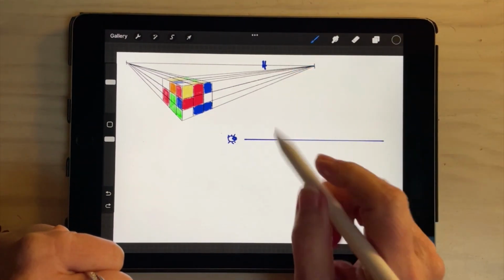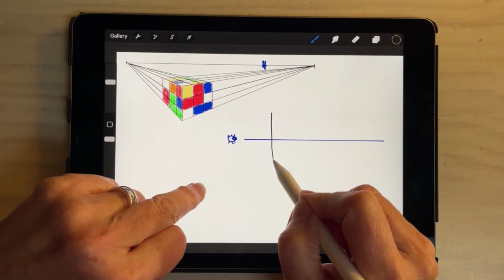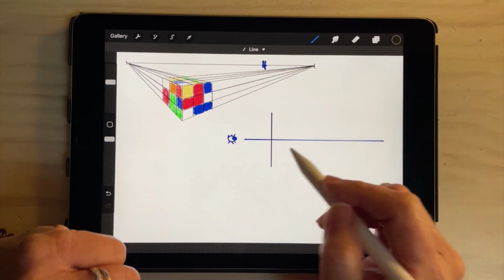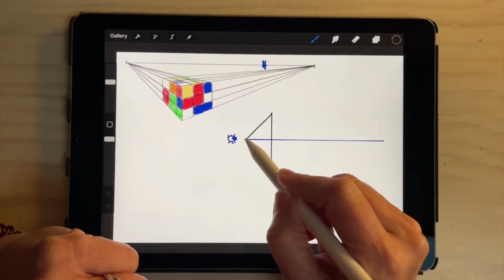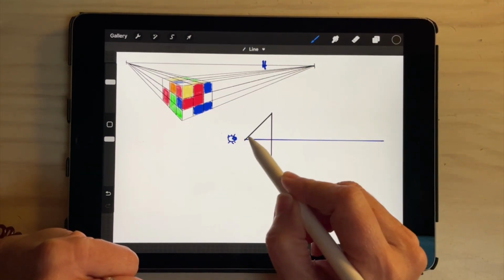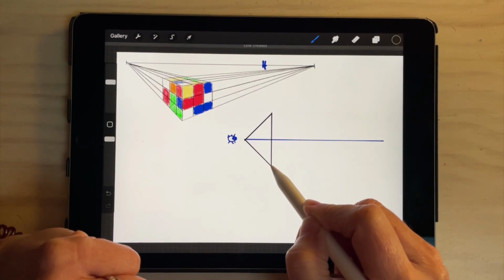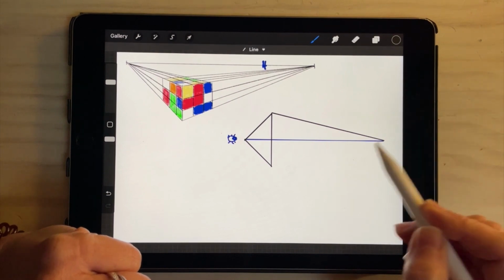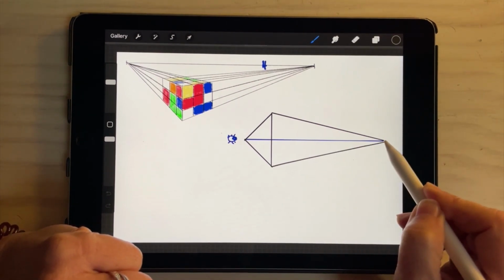So that's our horizon line in blue, so it'll recede a little bit. Here is our closest corner of our Rubik's Cube. And then we're going to join it left and right to our vanishing points. Okay, so that gives us this sort of framework that we're working in.